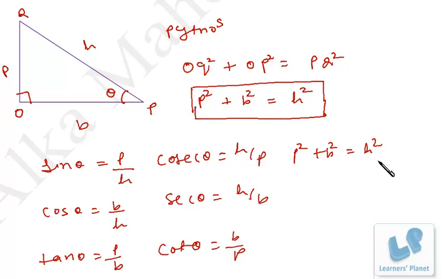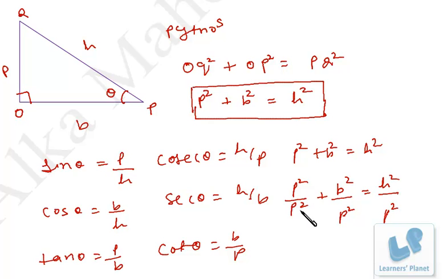Now if I divide both the sides by P square, then what will happen? If I divide left hand side and right hand side both by P square, then it's P square by P square plus B square by P square is equal to H square by P square, right?